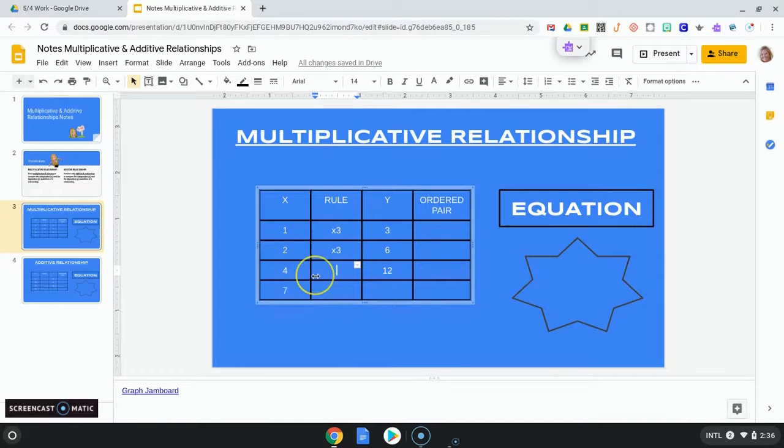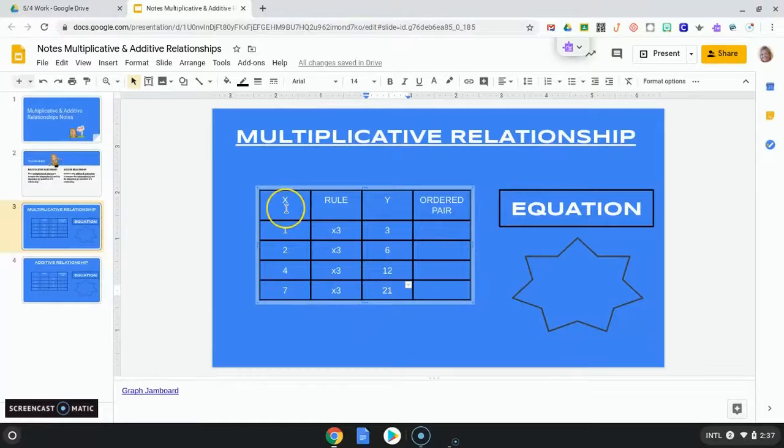So 4 times 3 is 12. If this is the same rule, X times 3, what would be my Y value when X is 7? My Y value when X is 7 would be 21.